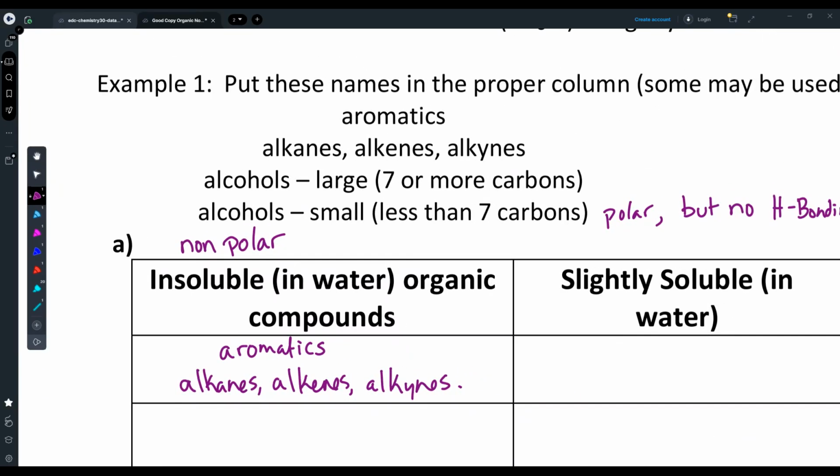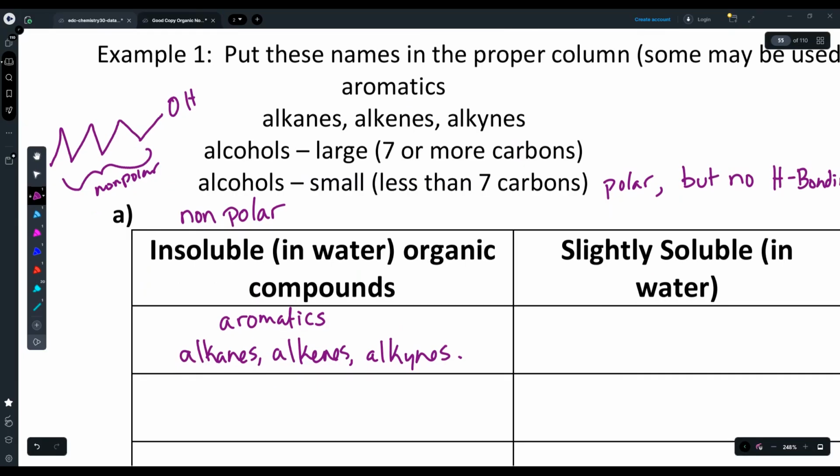Okay, with large alcohols, if I draw this out, it is going to have a really long tail on it. And remember that this tail is nonpolar. Because it has a huge nonpolar section to it, I'm going to put it in insoluble in water.